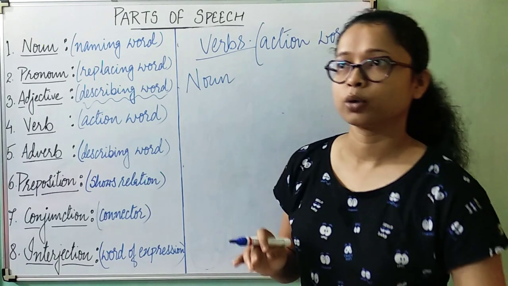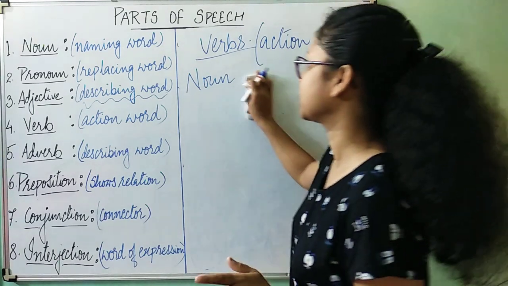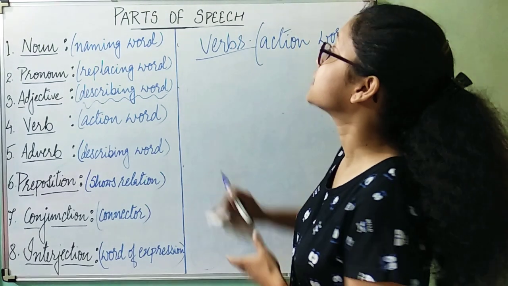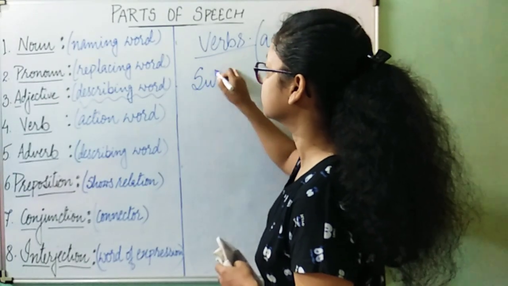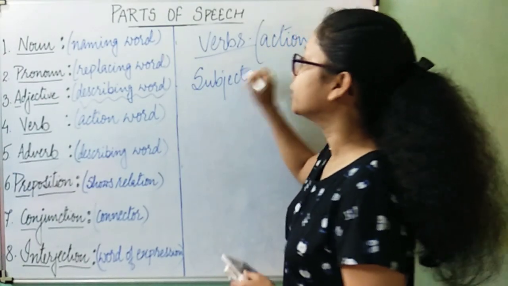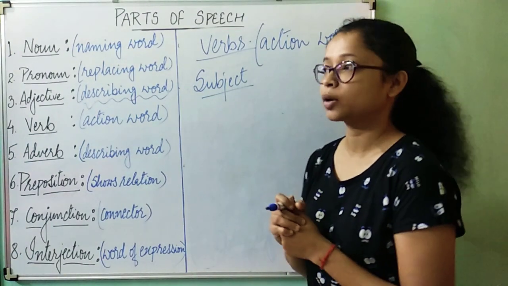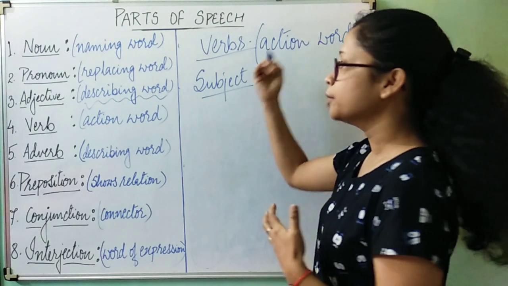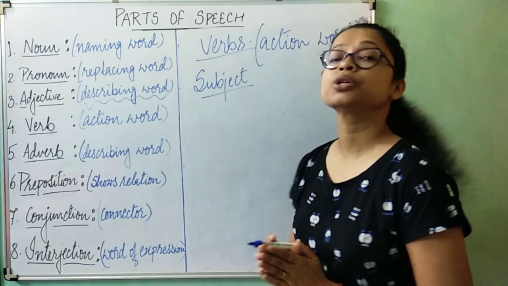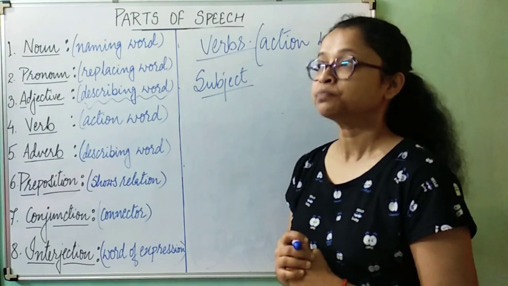Not a noun, let me specify this, about the subject. Not all the nouns present in a sentence are the subjects. So a verb tells us basically about the subject present in the sentence.